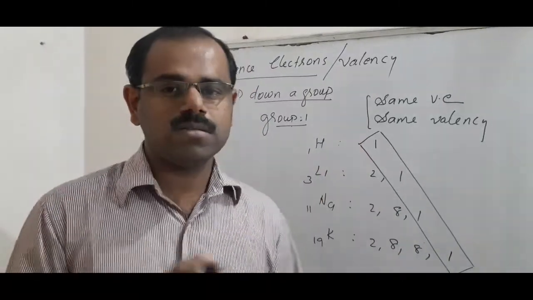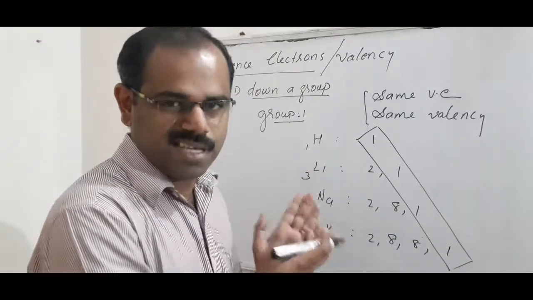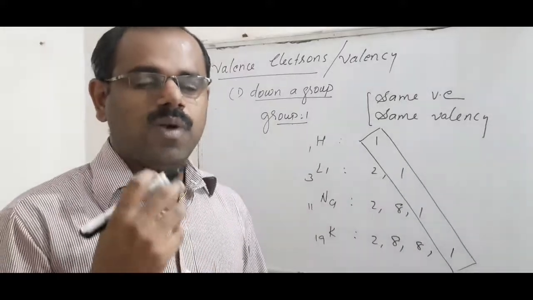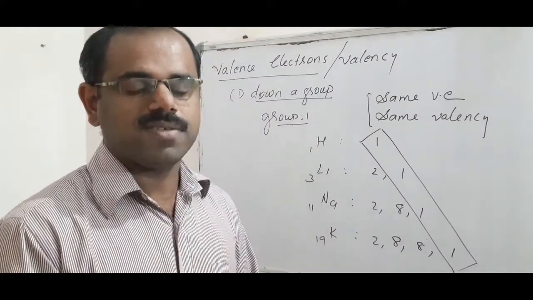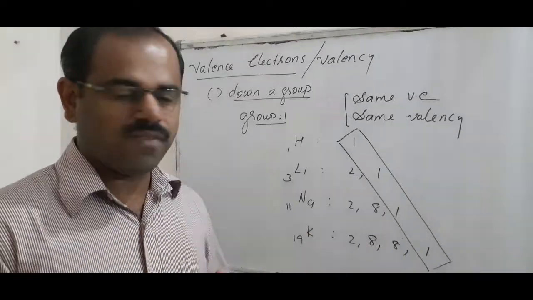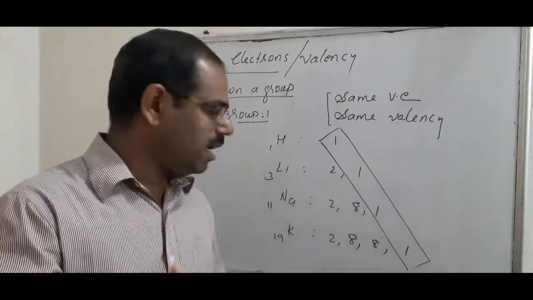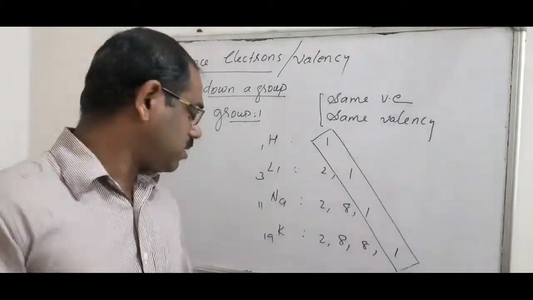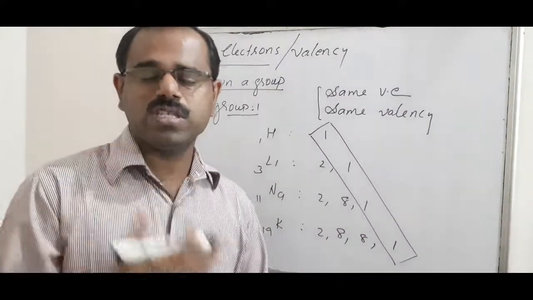If the valence electron is the same, the valency would also be the same. Hydrogen loses one electron, so it has a positive 1 valency. Lithium also loses 1 electron, sodium loses 1 electron, and the same way potassium loses one electron.